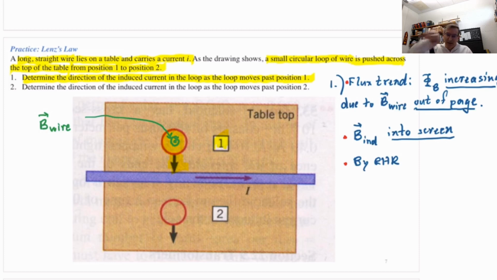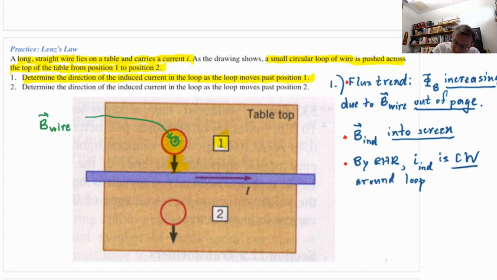No, I'm sorry, into the screen. I did it backwards. Boy, you have to be concentrating. I need the B induced to be into the screen, so I need my thumb to be going away from me. And then my fingers circulate clockwise. So by the right-hand rule, I induced is clockwise around the loop. You see that?